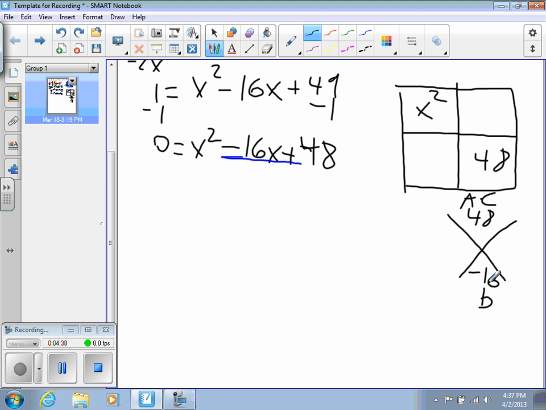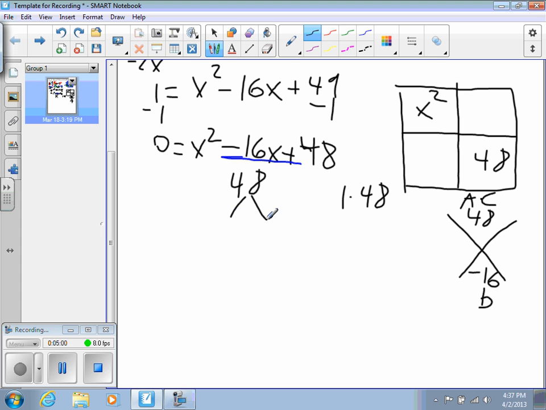Now I need to find all of the possible sets of factors of 48. So of course we start with 1 times 48. And this one could get a little bit tricky, and I'm going to show you something that I use to help me in solving these. I do a factor tree.